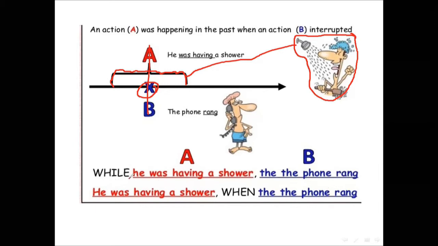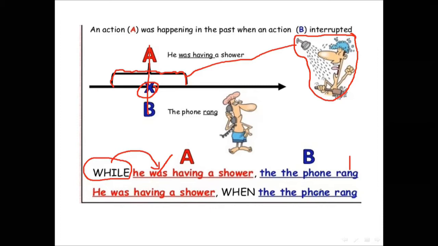The first one indicates that we use "while", and "while" always describes two actions that were happening at the same time. Now the first action was having a shower, the second action was the phone ringing. But in this case, you have to pay attention that after "while" we use the verb -ing, or the past continuous. The second sentence shows us that he was having a shower when the phone rang.